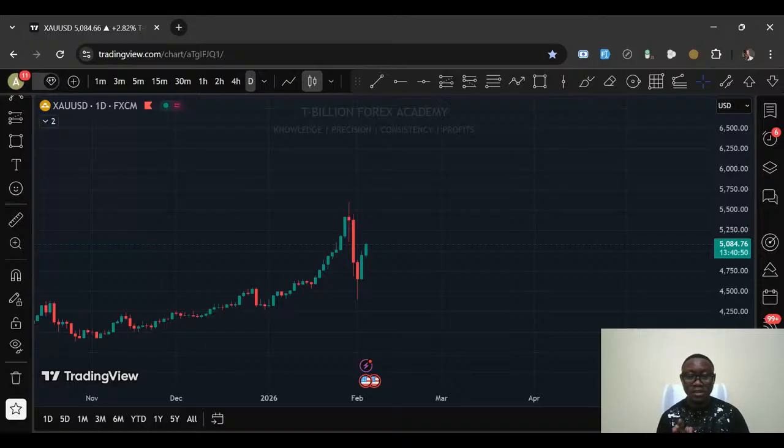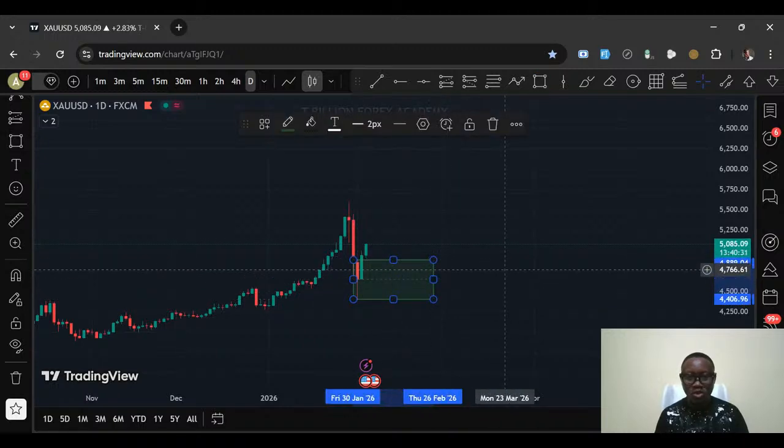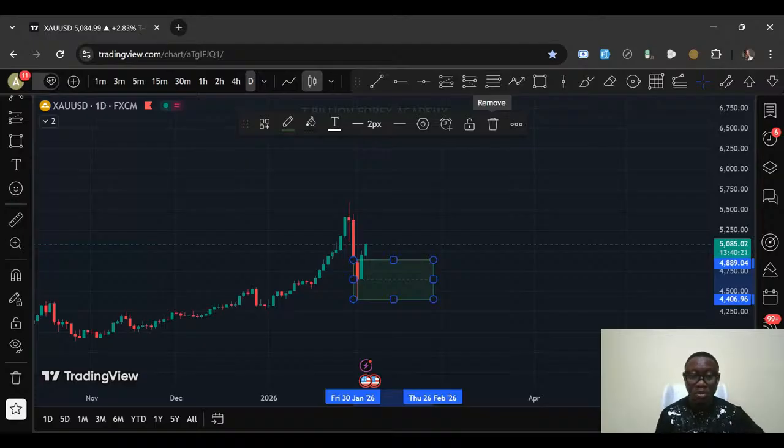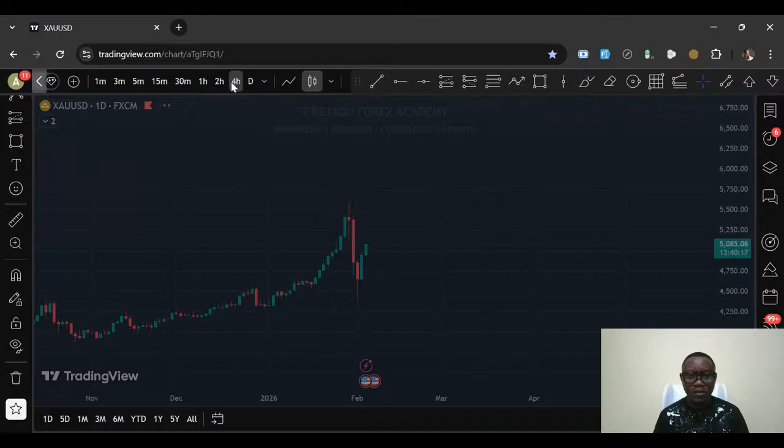But on the daily time frame, I'm not seeing any clear structure for identifying demand order block zones. Yes, I can mark this out, but by the time I drill down to a lower time frame, I'll see a clearer picture of the market structure. Then I can make my decision to mark out both my demand order block zones as well as supply order block zones. So let's drill down to the 4H time frame.